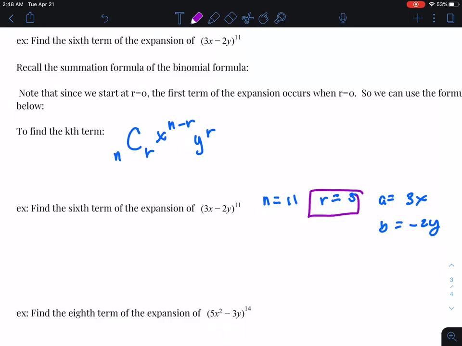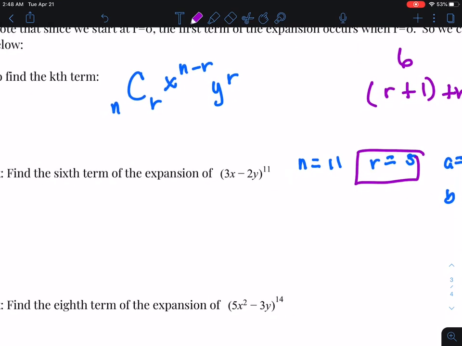So for finding the such and such term, we use this formula r plus 1 term. So we're looking for the sixth. In order for this to be 6, that means r has to equal 5. Okay, and we'll just plug this in using this formula right here.